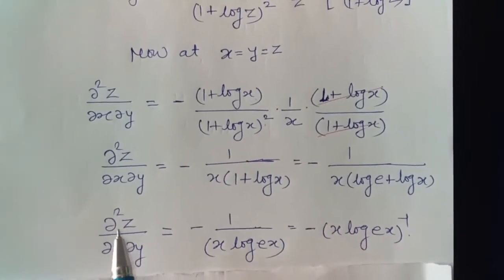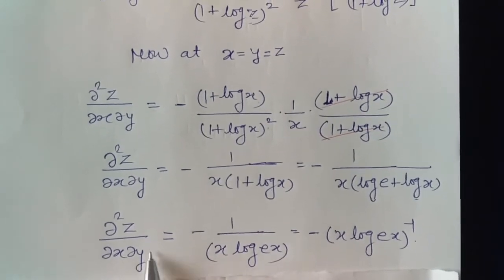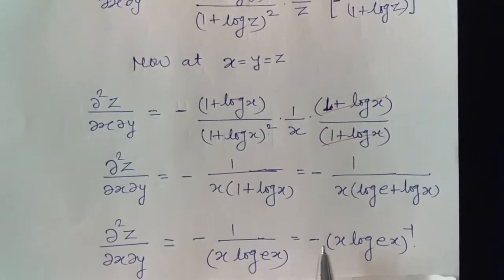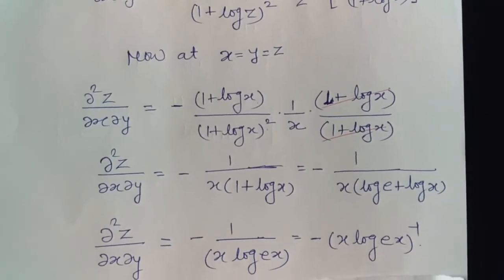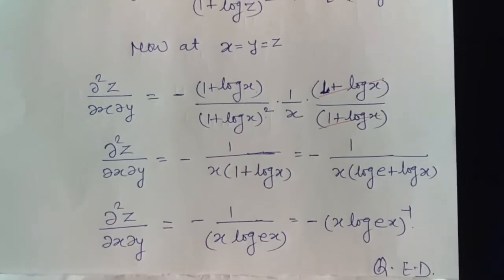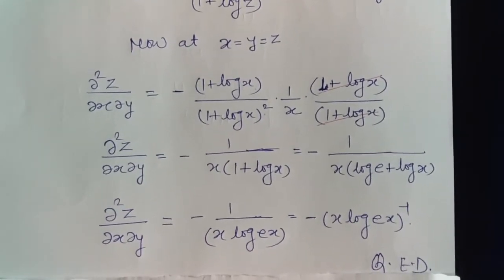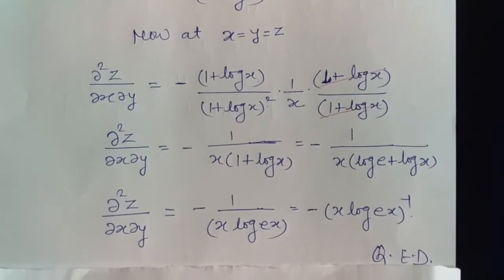So the value of del 2z upon del x del y when x equals y equals z is minus (x into log ex) whole inverse. So this is our required proof, and this is an important question frequently repeated in various university examinations.